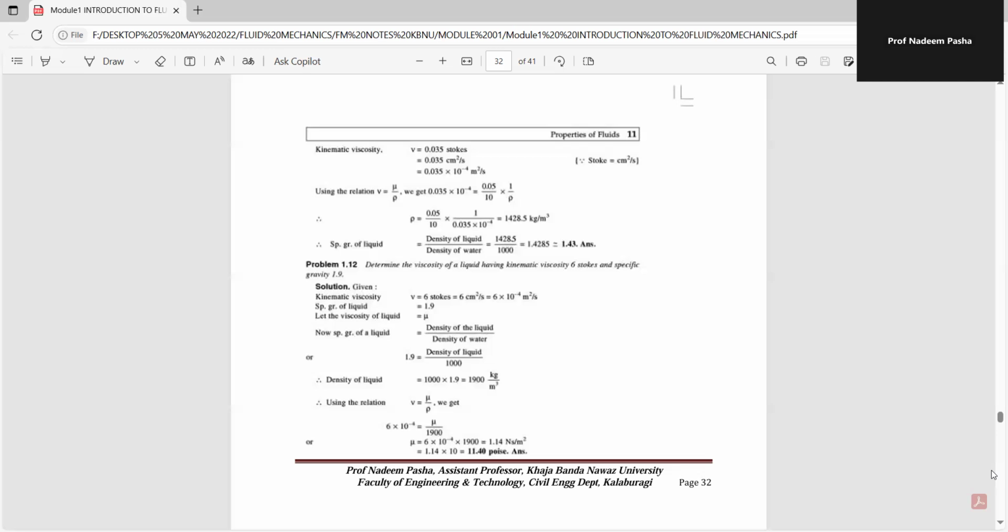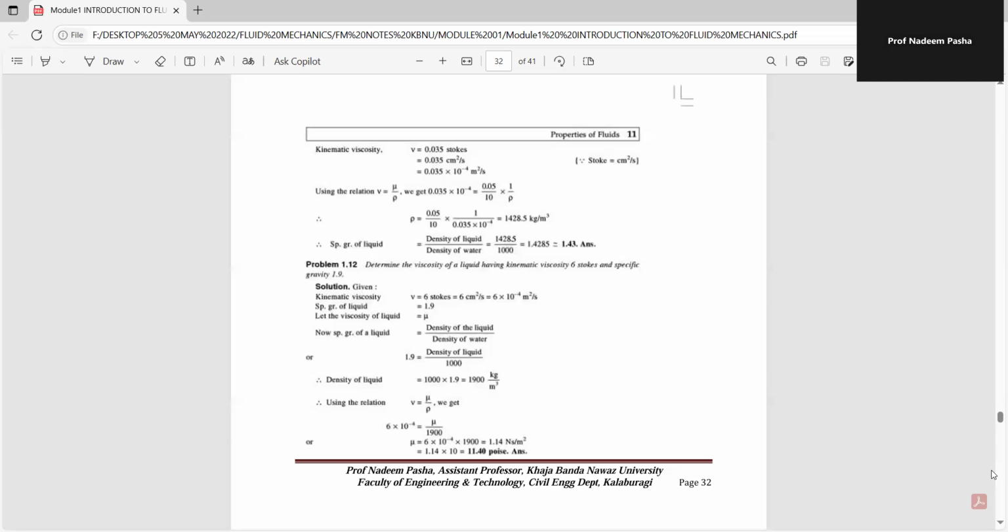First, kinematic viscosity is given to us as 6 Stokes. So you will convert this to meter square per second by multiplying by 10 raised to minus 4. Specific gravity is how much? 1.9. So you need to calculate the viscosity, that is, dynamic viscosity.